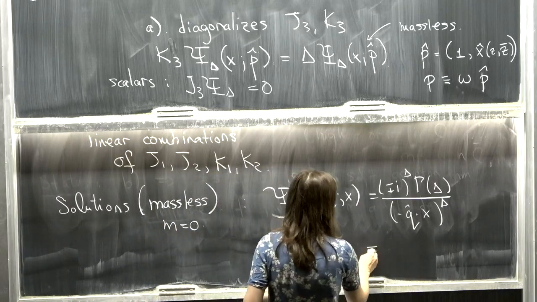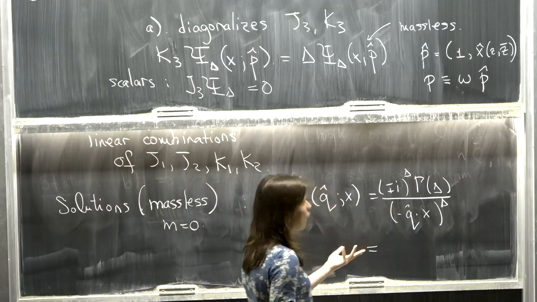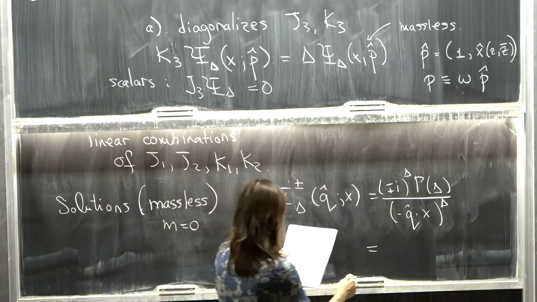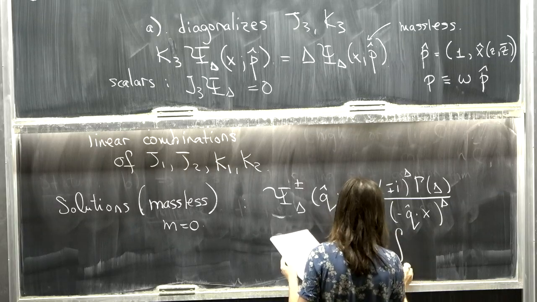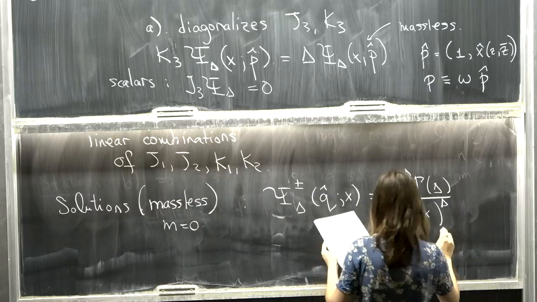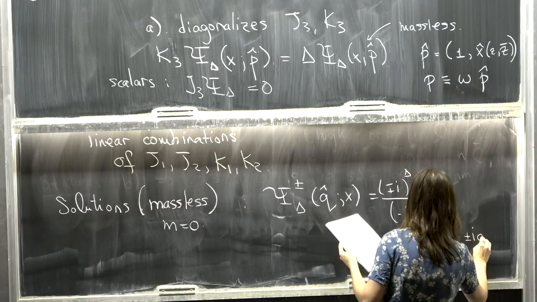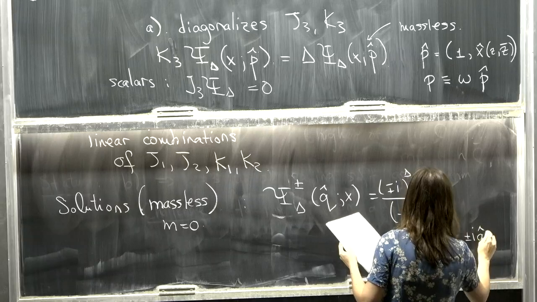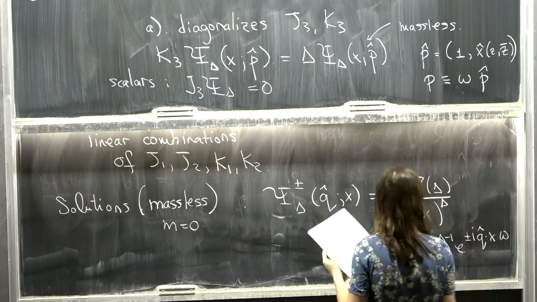And it's just a fact that these wave functions are Mellin transforms of plane waves. So these are just the integral from 0 to infinity of d omega, omega to the delta minus 1, e to the plus or minus i q hat dot x omega.